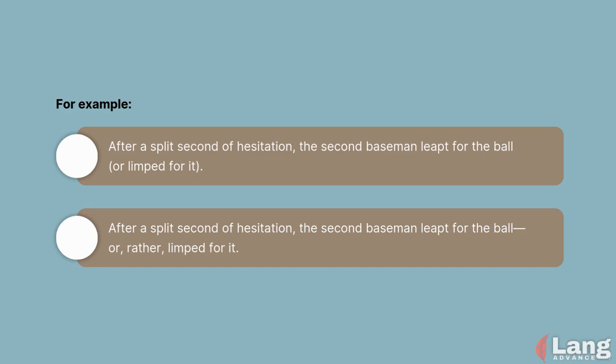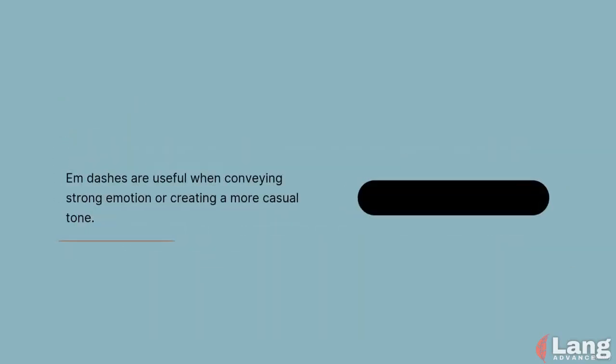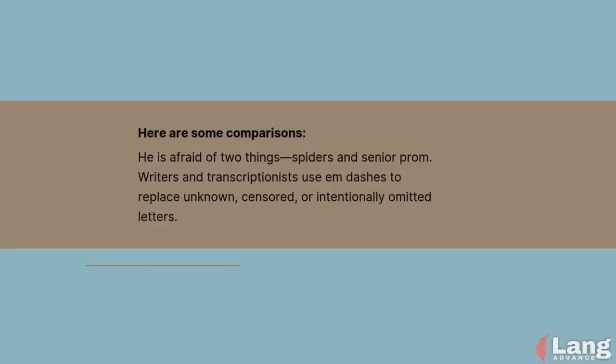After a split second of hesitation, the second baseman leaped for the ball—or rather limped for it. M dashes are useful when conveying strong emotion or creating a more casual tone. Here are some comparisons. He is afraid of two things: spiders and senior prom.